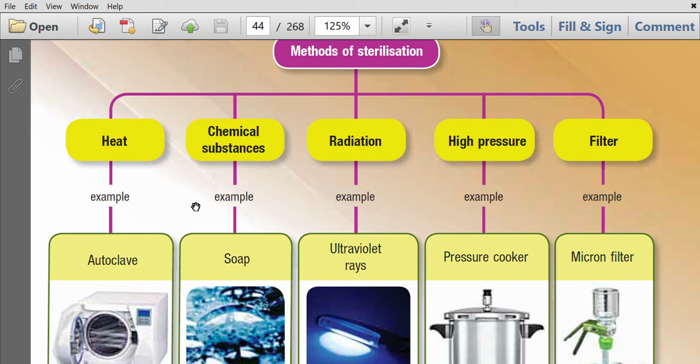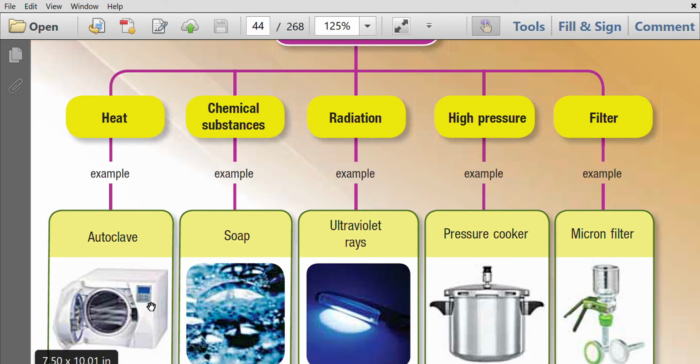And there's an example for each. Sterilization using heat, we use a special equipment called the autoclave. Using chemical substances, we use soap. That is why we are always reminded to wash our hands using soap.